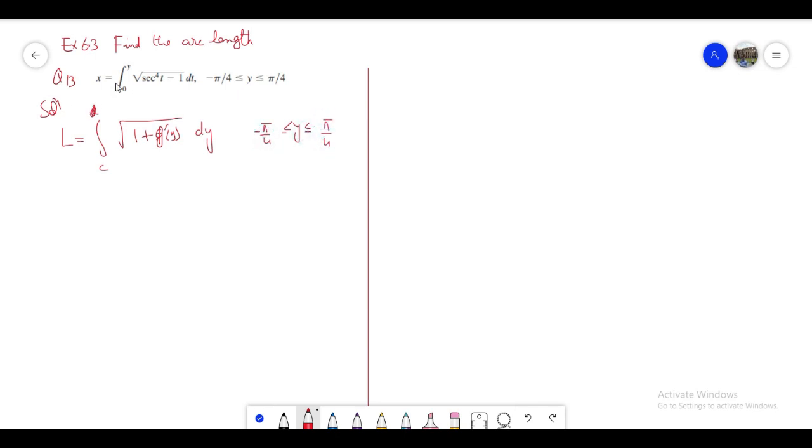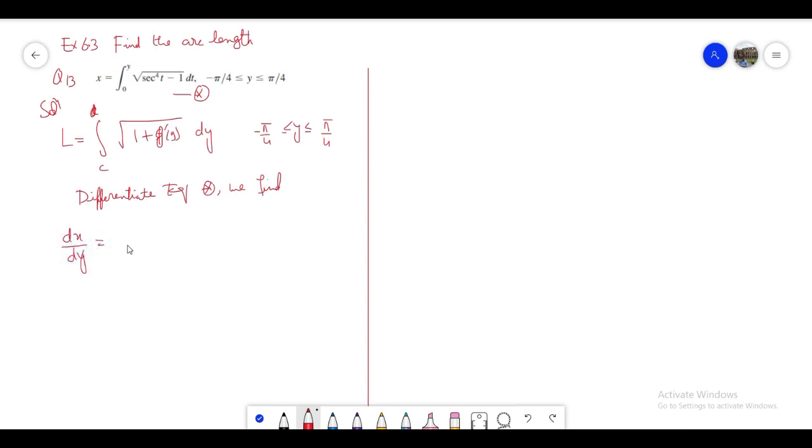So let me call this equation star. So differentiate equation star, we find that dx/dy.